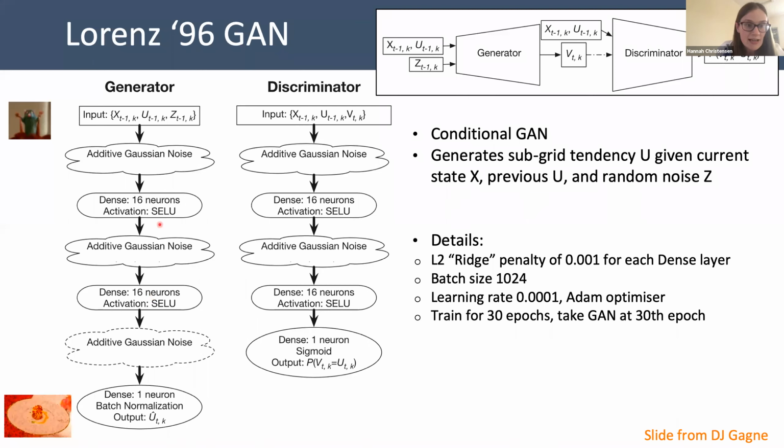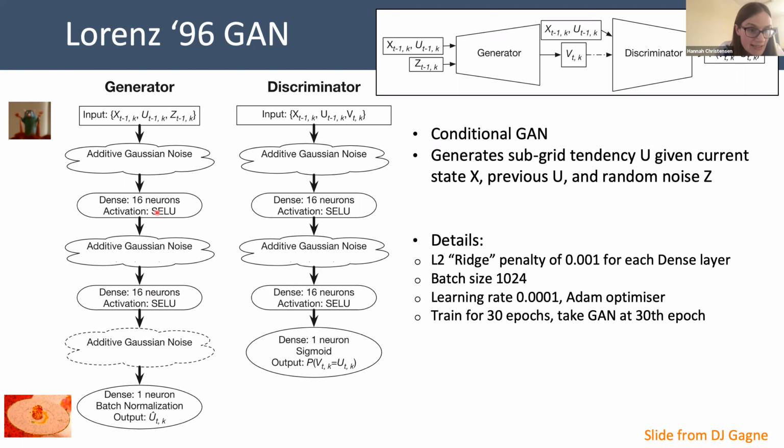We also have these additive Gaussian noise layers. As you'll see later, we found that this led to quite some impact on how robust we were at finding the optimal solutions. In the generator, we have an optional final additive noise layer before the output.